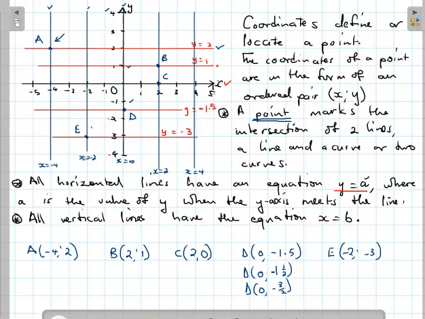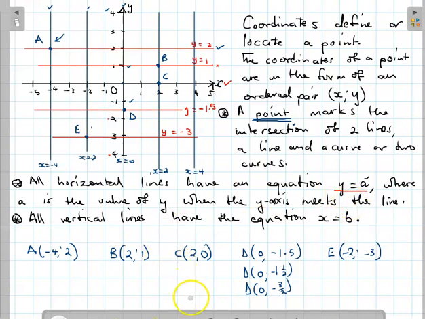Once you get accustomed to it, you just know that a horizontal line is y equal to something, a vertical line is x equal to something, and specifically the x-axis is y equal to 0 and the y-axis is x equal to 0. So I believe that part is very helpful for us.